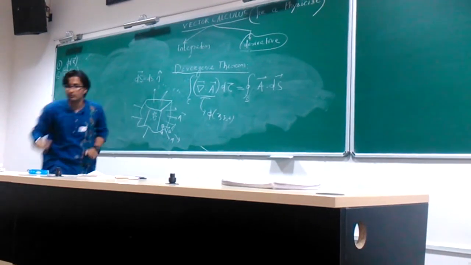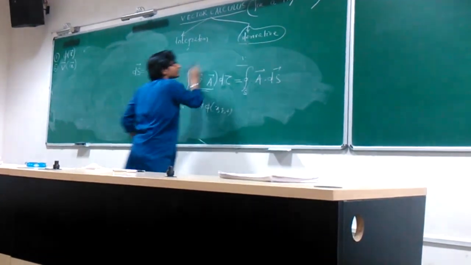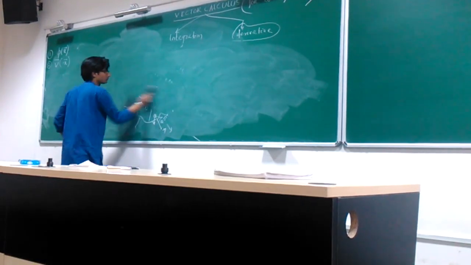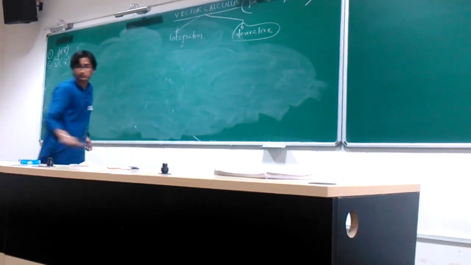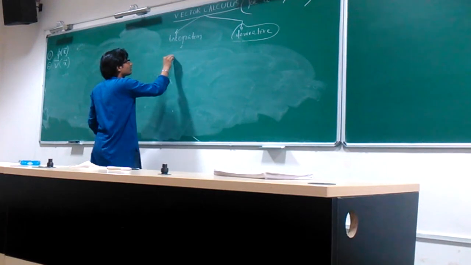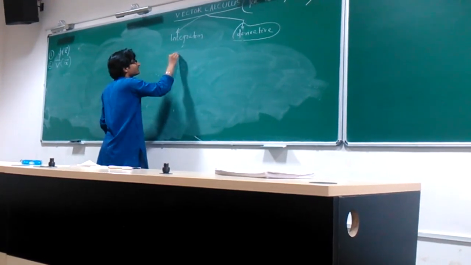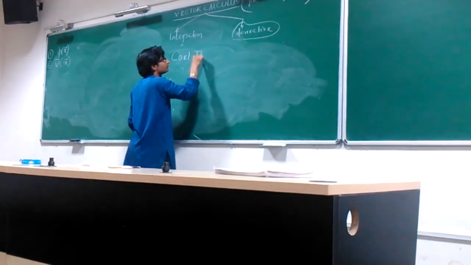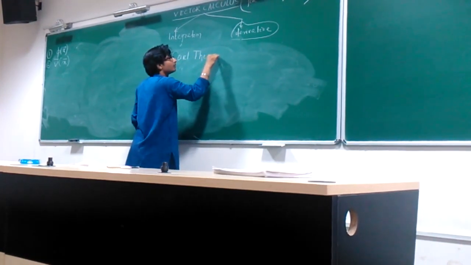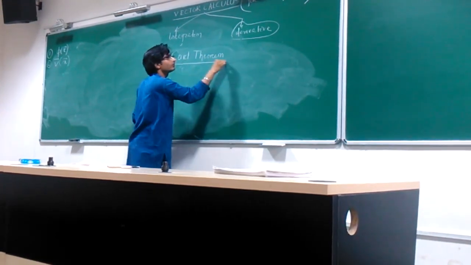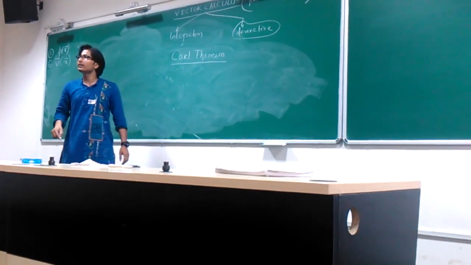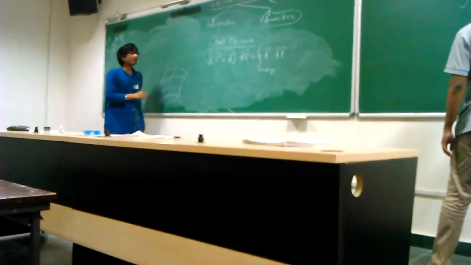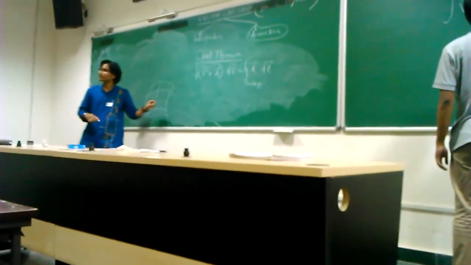Fine? Then another theorem, which is called Stokes theorem. I don't like these names, so I call it the curl theorem, because I don't know whether Stokes first found it or some other mathematician did. Take dS on the surface and find the curl of any vector field on that surface.